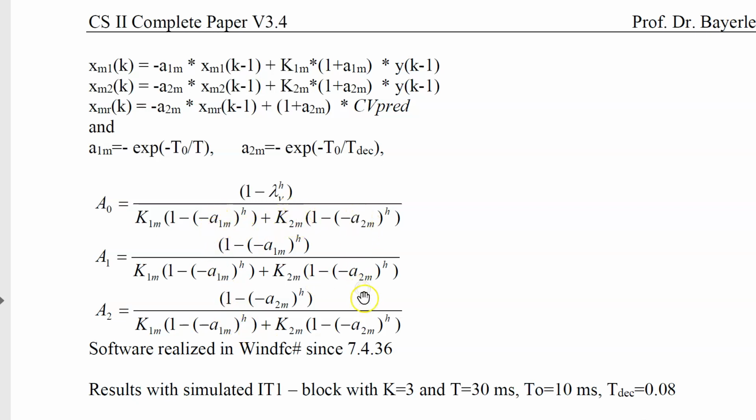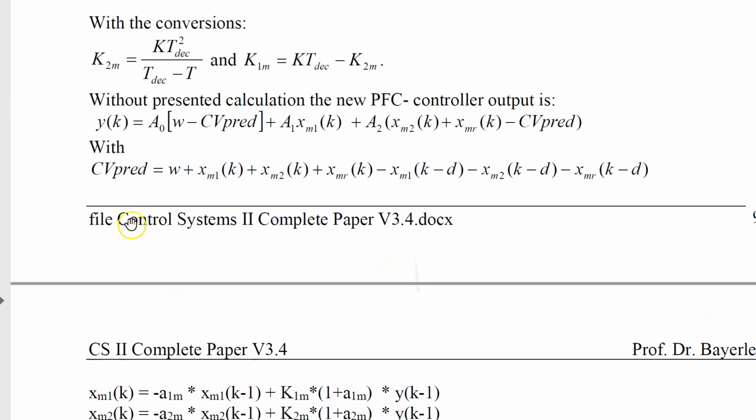The a depends on the time constant, and this is just a list of equations where you can find a way to calculate model outputs and coefficients, and finally lambdas and CV predicted value, and finally this equation for the controller output for my IT1 process.